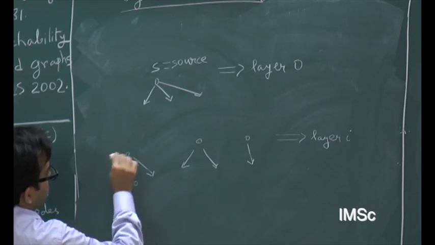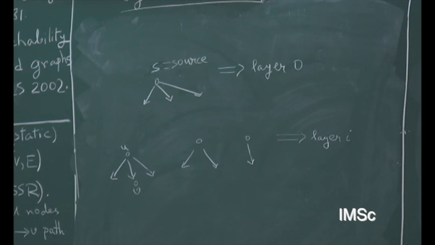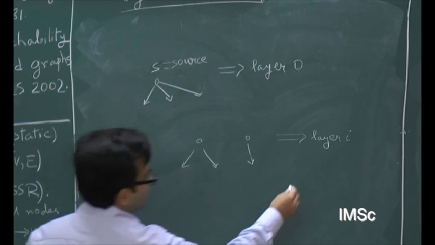And now suppose here was this edge UV. So, V was in layer I plus 1.